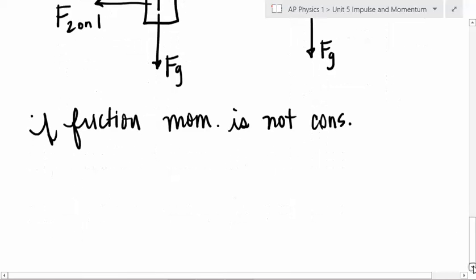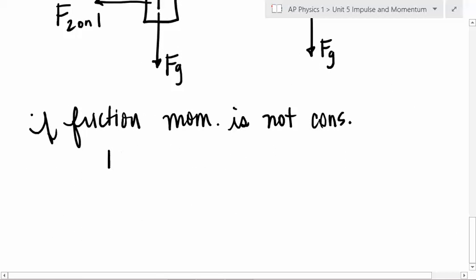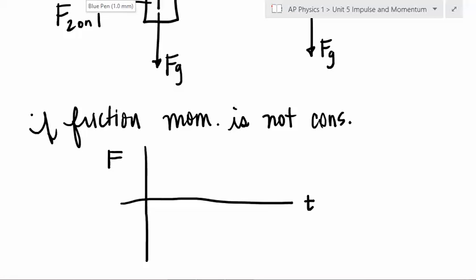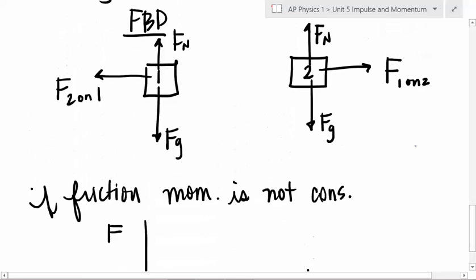So if I were drawing the force versus time graph for this collision, I'm going to use blue for the force on 2, and I'm going to use green for the force on 1. Look at the direction of those forces.